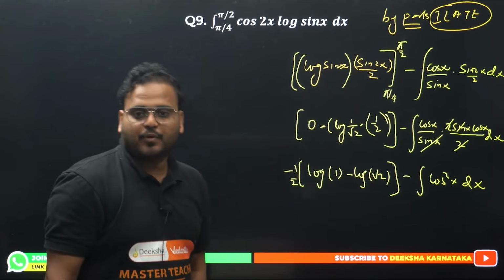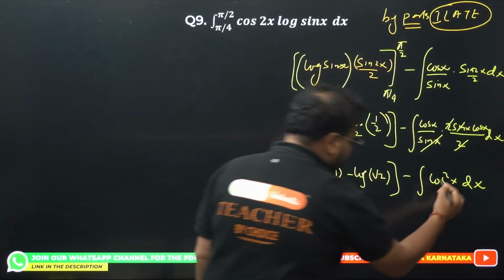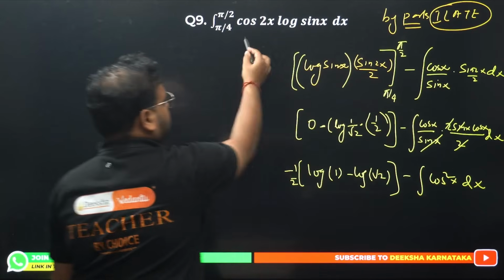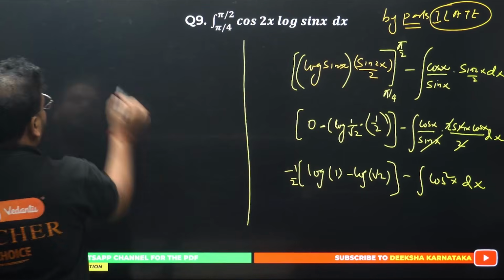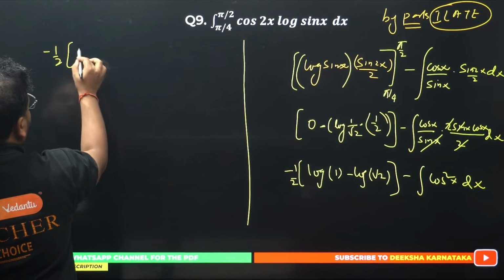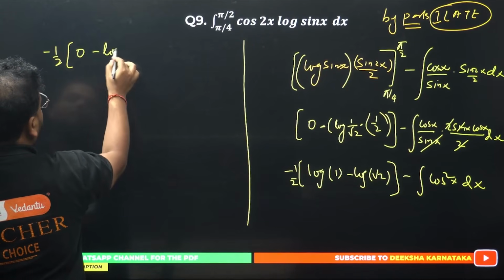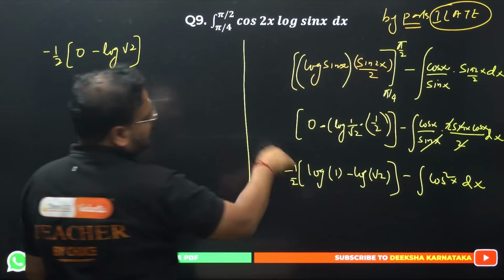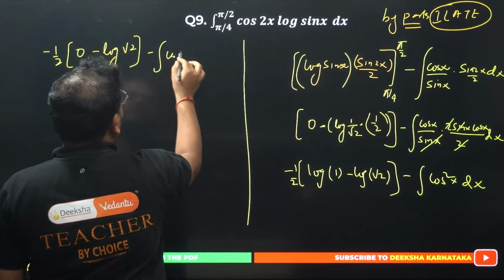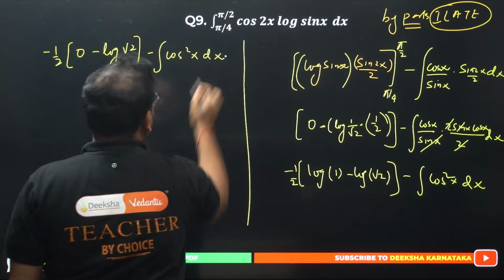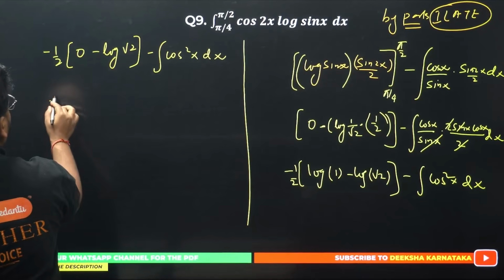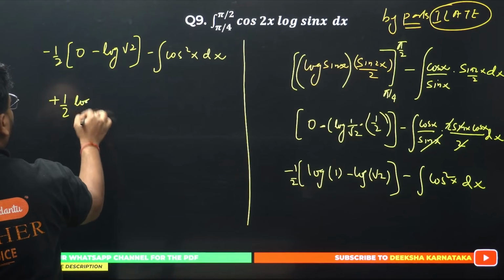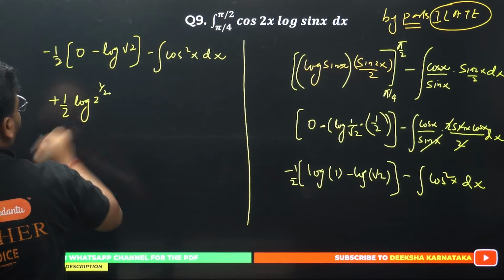Understood so far? Check this out now. Minus 1 by 2. Log 1 is 0. Minus log of root 2. Over here we have minus integration of cos square x dx. Next step, it will become plus 1 by 2 log of root 2, means 2 power 1 by 2.